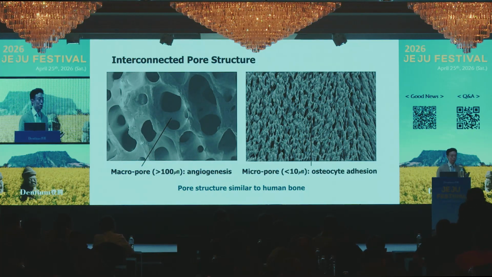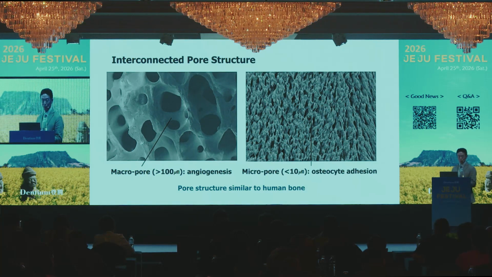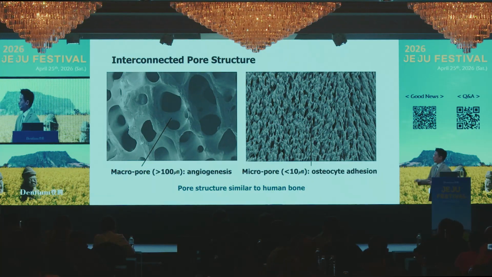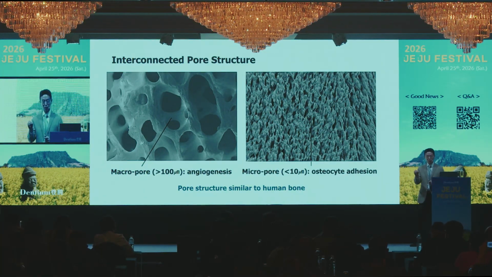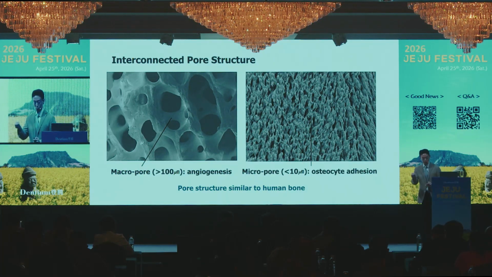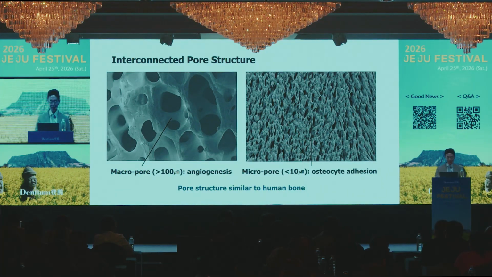It is critical to use a bone material with a pore structure similar to human bone. We checked the pore structure of the particle bone and the Geno bone before using it in clinical situations.